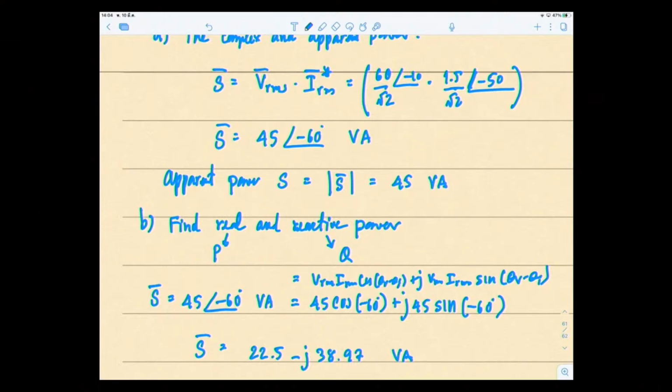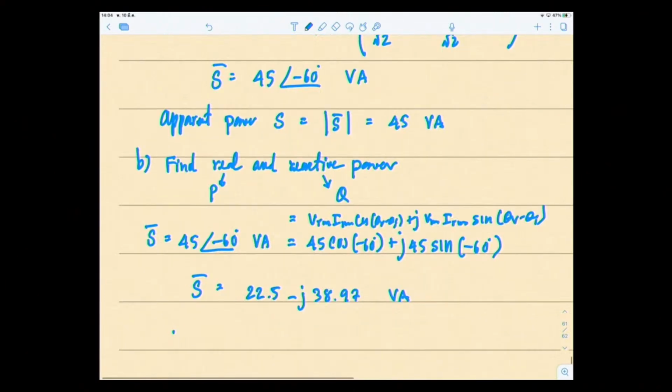Of course, you have to write it like this. P is equal to 22.5 watt, and Q is equal to minus 38.97 var. Real part and reactive part. You can even get this answer by simply converting 45 angle minus 60 degrees from polar form to rectangular form.